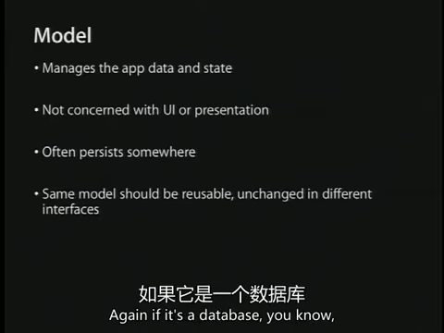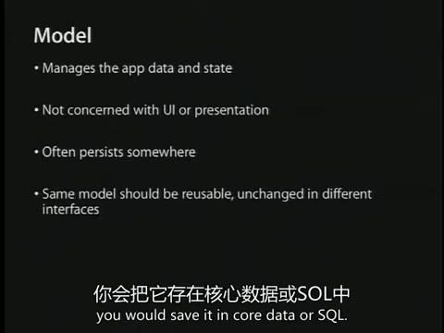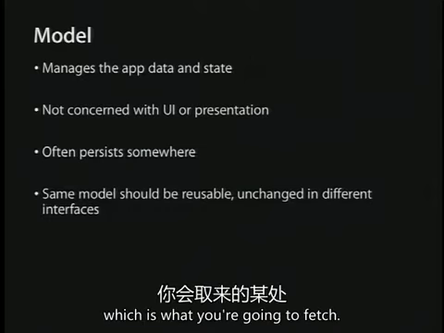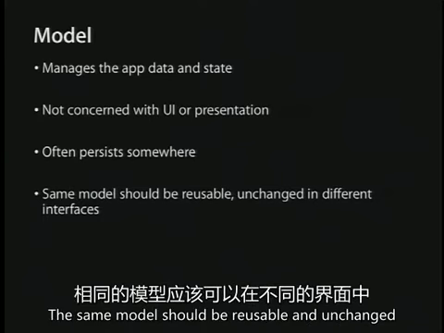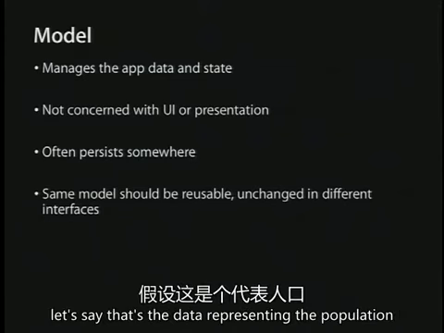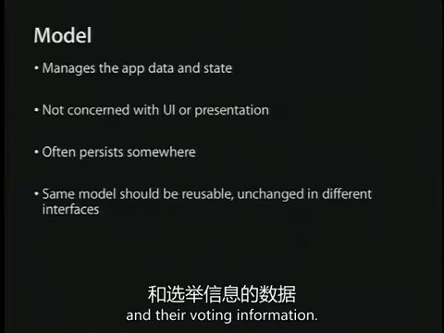If it's a database, you would save it in Core Data or SQL. It may persist on the network somewhere, which is what you're going to fetch. The same model should be reusable and unchanged in different interfaces. So if you have an application that represents some data set, let's say the data representing the population and their voting information.